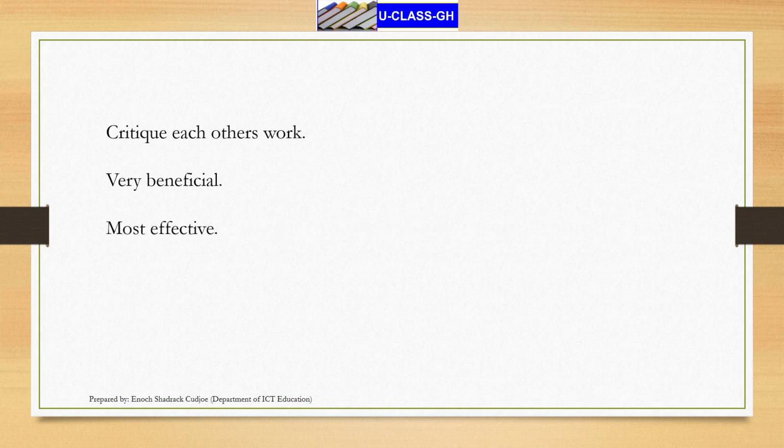This peer editing is most effective when instructors provide defined criteria for evaluating and editing. You don't just tell them to critique, but you have to give them criteria which they are going to use to critique their colleagues' work.